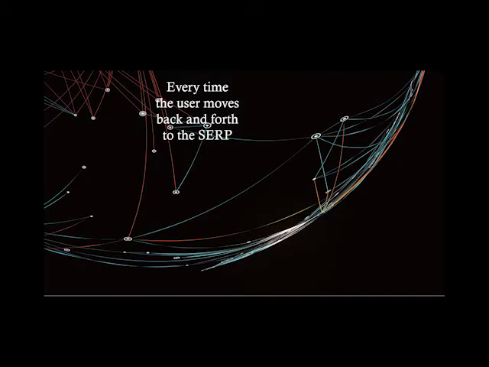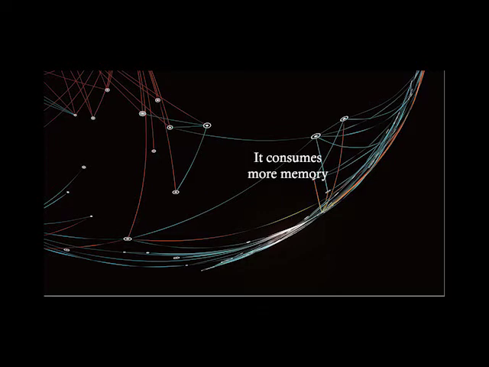Users these days want to do their online work faster and don't want to end up looking for stuff for hours in the worst case. Not to mention that every time the user moves back and forth to the search engine result page, it consumes more memory and data.